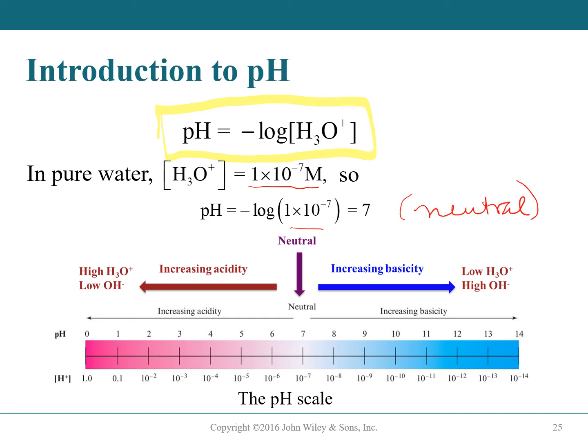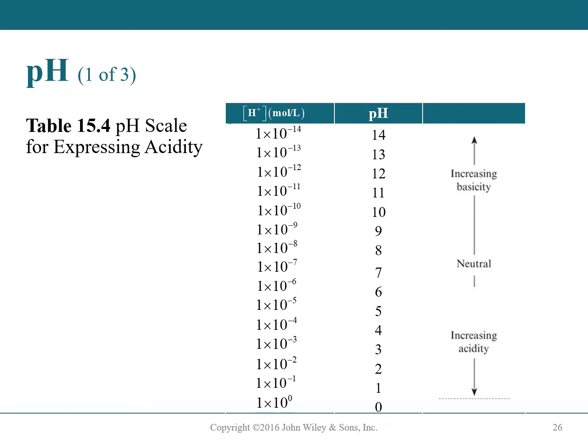So when my pH is greater than 7, it's going to be basic. When my pH is less than 7, it's going to be acidic. So here's just a list of the ranges. If my hydronium ion concentration is really, really small, then you can see the pH is really large.